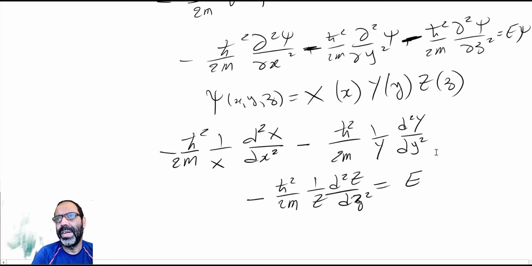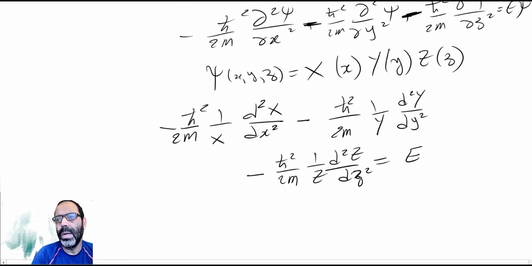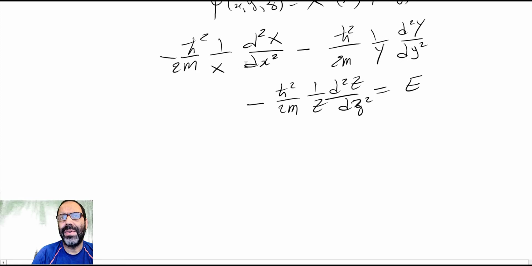Okay, I divided everywhere by psi. Look, term by term things have to make sense. This term only depends on x, and this term only depends on y, and this term depends only on z.